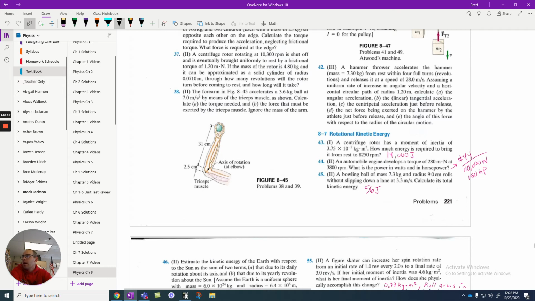And so when we're talking about spinning a centrifuge up, what we're recognizing is that the initial angular velocity was 0, but the new angular velocity is whatever 8250 is in radians per second. So 8250 RPMs needs to be converted to radians per second, which is times 2 pi divided by 60. That'll give us a new number for our radians per second.